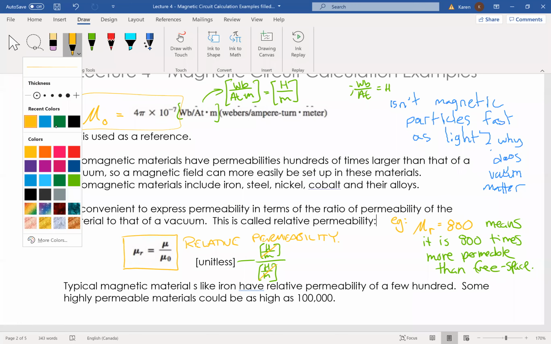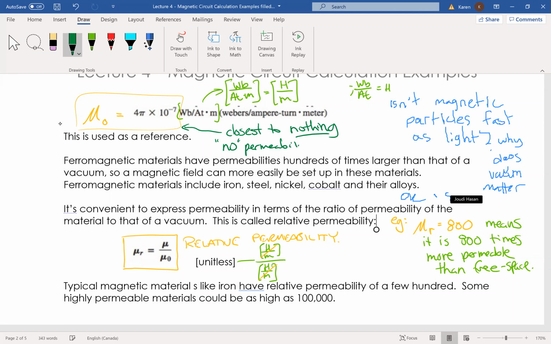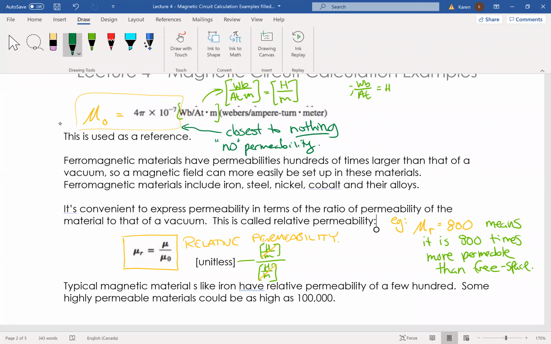So this is as close as we get to no permeability. And in this course, there is nothing that establishes magnetic flux less than that of free space. Okay, so can it get negative?